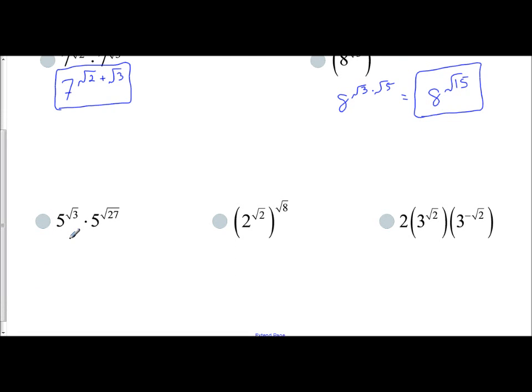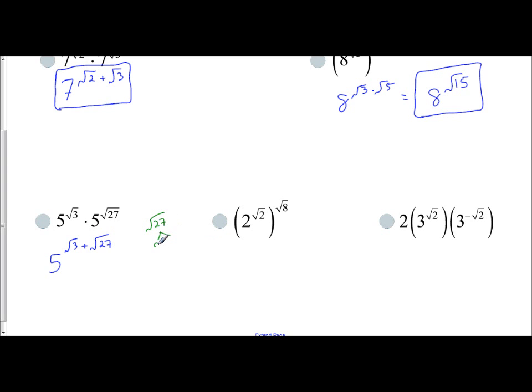So if I take a look, I have 5 to the radical 3 power times 5 to the radical 27 power. Now, what should stand out right away is, yeah, I'm going to add my exponents together because really I have the same base. So I have 5 to the radical 3 plus radical 27. And so if I'm going to simplify this, I need to see, can I simplify these together? And what should stand out is that the square root of 27 can be simplified.